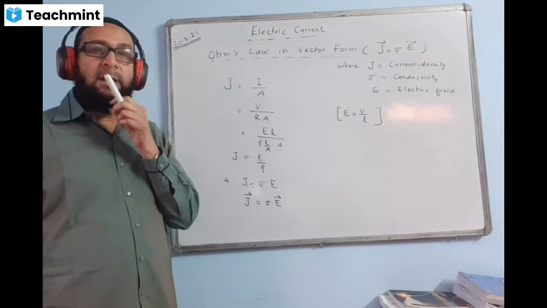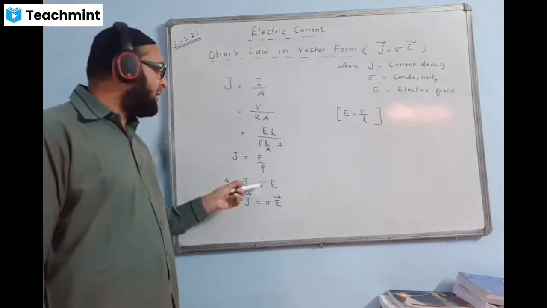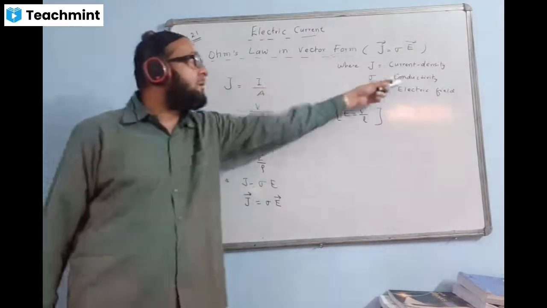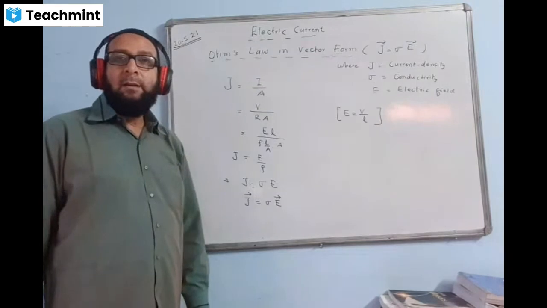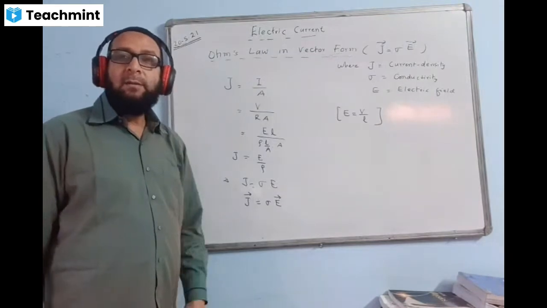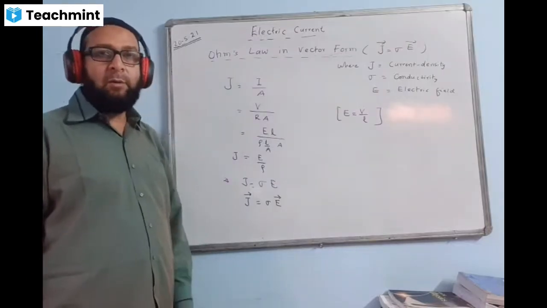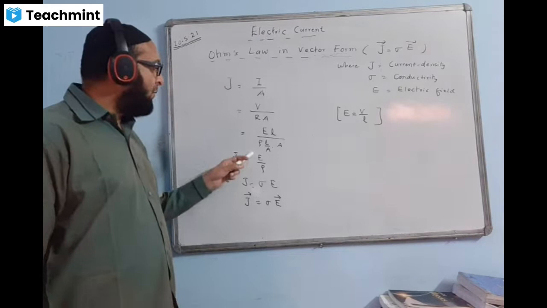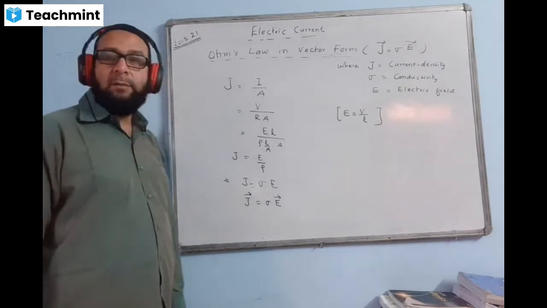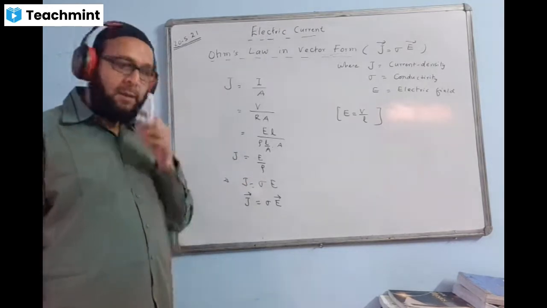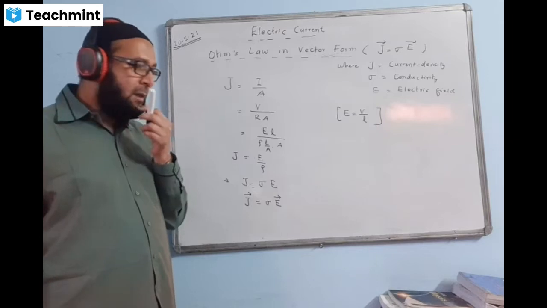That is different. But in current electricity, sigma means conductivity, 1 upon rho, the reciprocal of resistivity. All right. Any other queries?